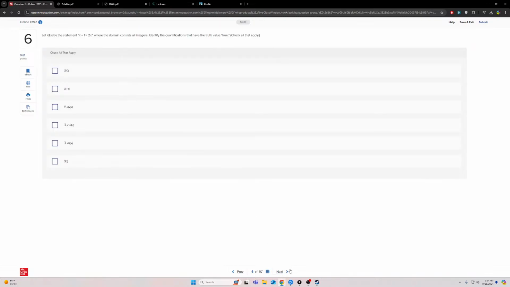Cool. Let Q of X be the statement X plus 1 is greater than 2X, where the domain consists of all integers. Identify the quantifications that have the truth value true. So, just say which one is true.